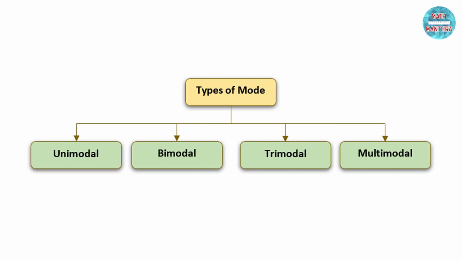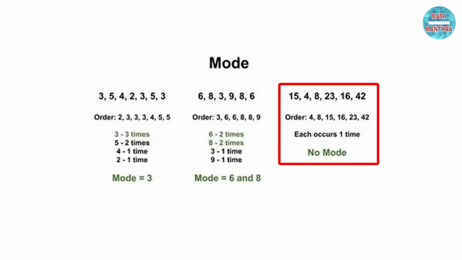Also, a data can have no mode. That means if there is no observation having more than 1 frequency, that is, all observations occur only once, then we say that the data has no mode and we call it ill modal data. So this is a set of specific characteristics which is satisfied only by the mode of a given data.